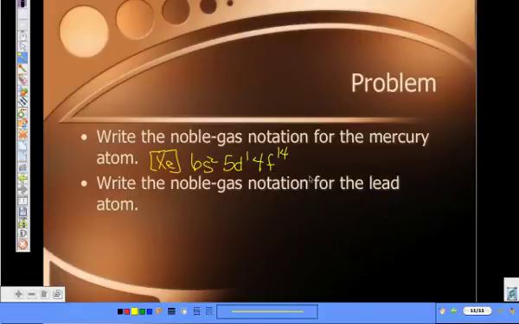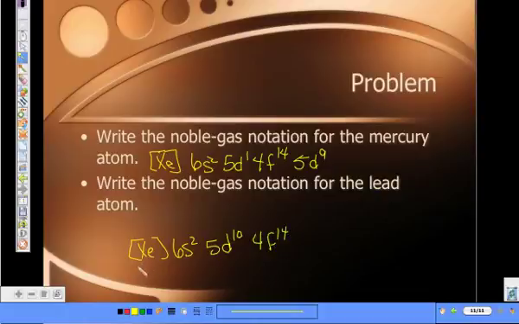Okay. And then we'll finish filling the 5d, 9, yep, exactly 9 because it falls right at the end of the D block. Now, there's a couple ways we can write this, and you may see it different ways. We'd have xenon, 6s2, and then add the D's together like this.